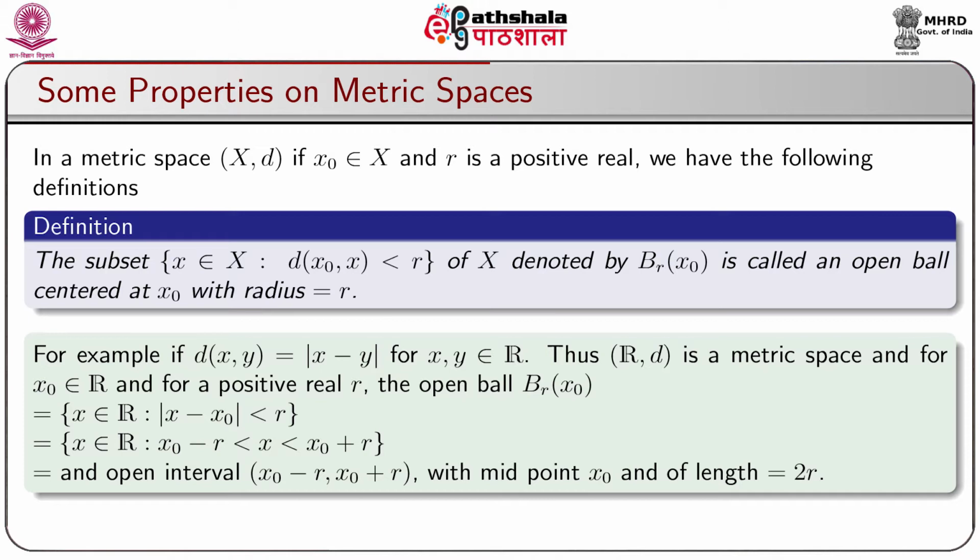As an example, if d(x, y) is equal to the modulus of x minus y for x, y belonging to R, then (R, d) is a metric space, and for x0 belonging to R and a positive real r, the open ball B_r(x0) is equal to the set of x belonging to R such that |x minus x0| is strictly less than r, which is the set of x such that x0 minus r is strictly less than x, which is strictly less than x0 plus r.